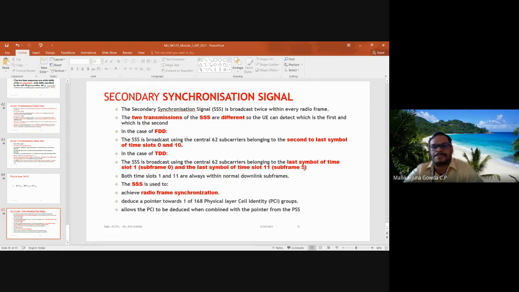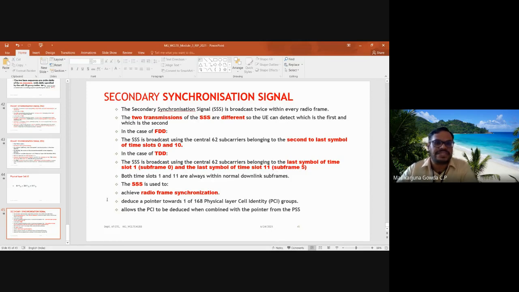That means if I say it is 0 to 5, or subframe 6 if I say 1 to 6, you don't get confused between subframe 5 and subframe 6. If I say subframe 0, then it will be subframe 5. If I say subframe 1, then it will be subframe 6. Both the time slots, 1 and 11, are always within the normal downlink subframes.